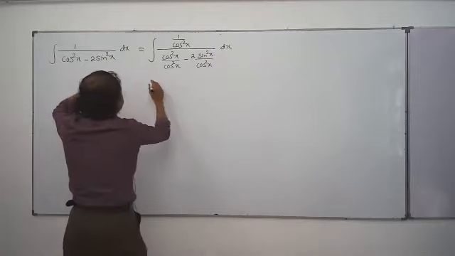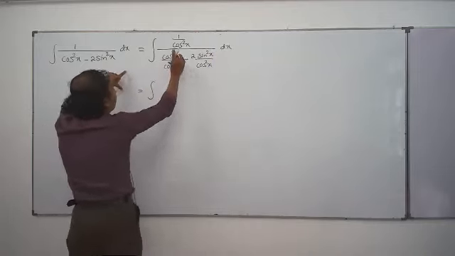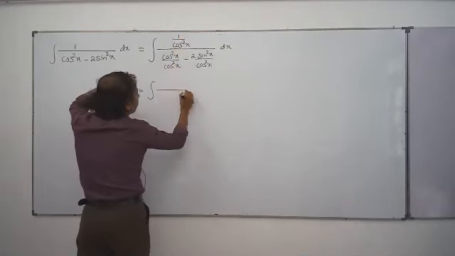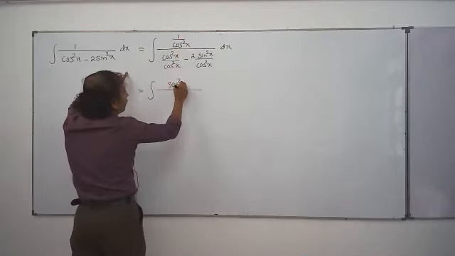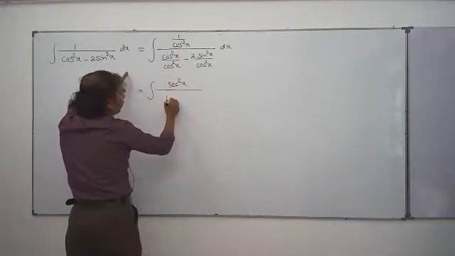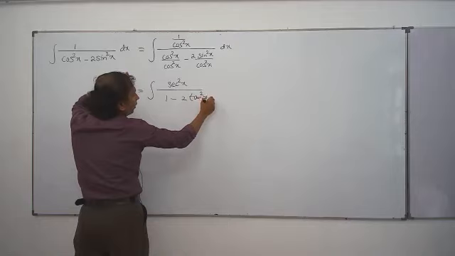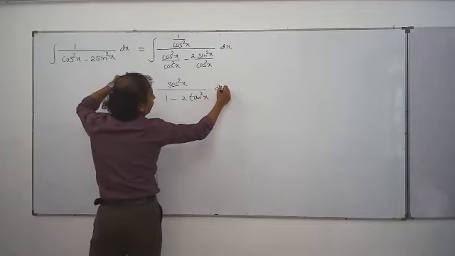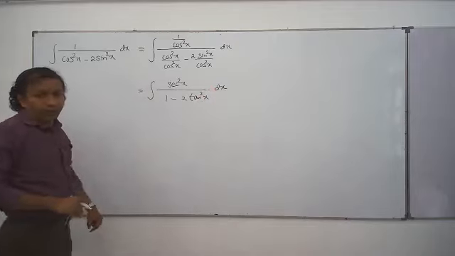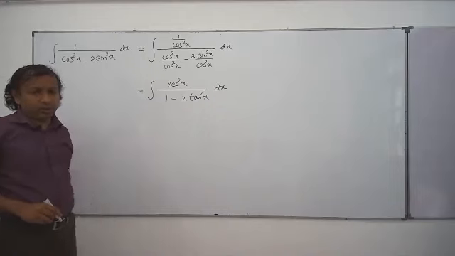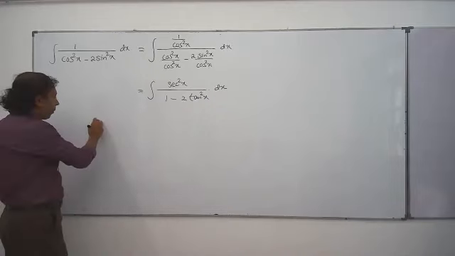Here dx. 1 over cos squared x is sec squared x. This is 1 minus 2 tan squared x dx. Now for this only we use a substitution t equals tan x.